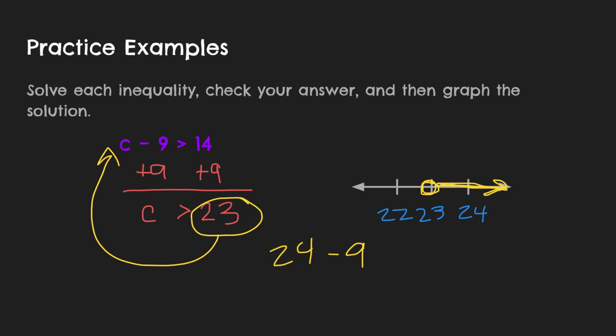Here we'll just do it the slow way. 9, 10, 11, 12, 13, 14, 15. Is 16 greater than 14? Yes, it is. Check. Now you'll notice if we put 23 in there, we would get exactly 14, which would be incorrect, but that's why we have an open circle, because it can't be 23.